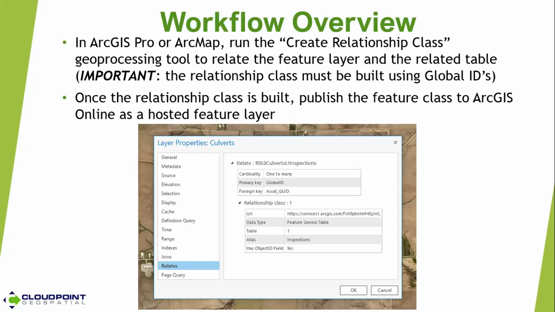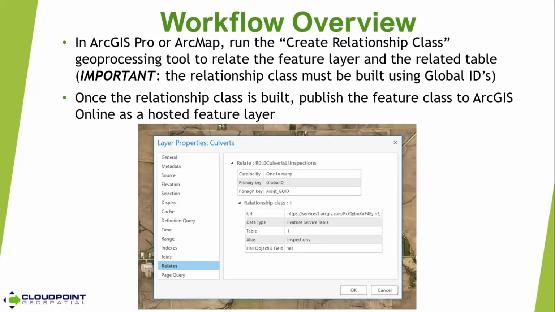Now this is very key in this workflow process. To get this to work properly, Esri requires multiple different steps, multiple different checks. One of the biggest things to remember, and is very important throughout this workflow process, is that this relationship class must be built using global IDs.